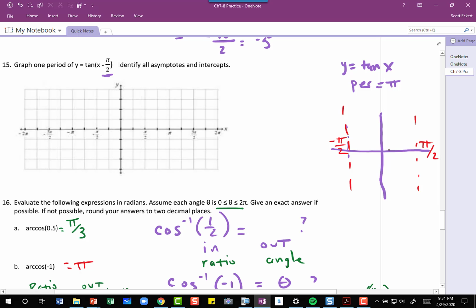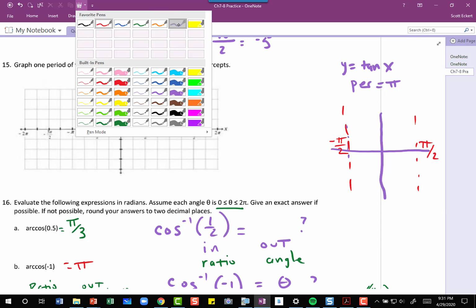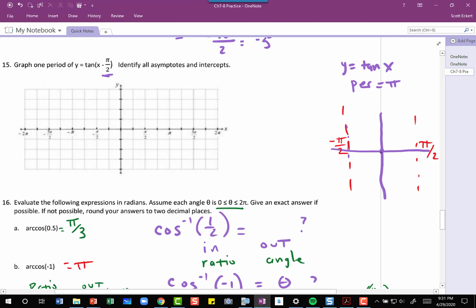And notice the 0 is in the center of the frame, and that's one of the target points. Now if we take pi halves and cut it in half, we're at pi fourths, which is 45 degrees. Tangent of 45 degrees is 1. That's one of the targets.